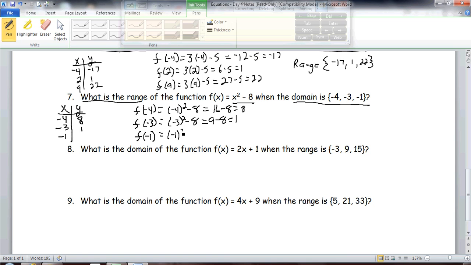That's -1 squared minus 8, which is 1 minus 8, which is -7. So notice, it asks what is the range, so my answer is the range. And I'm going to put these in order from least to greatest. So it is -7, 1, 8.